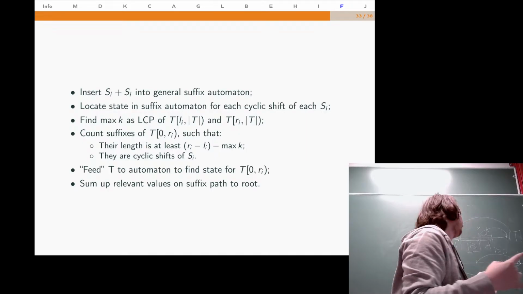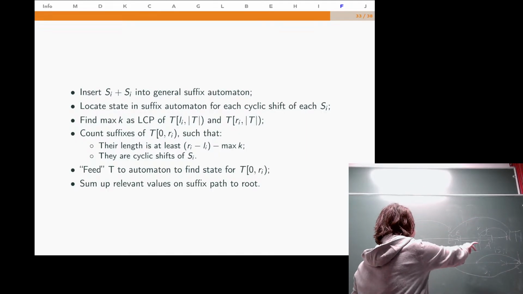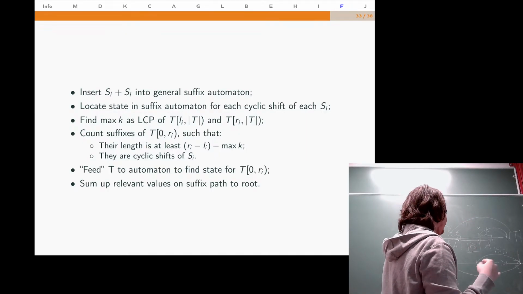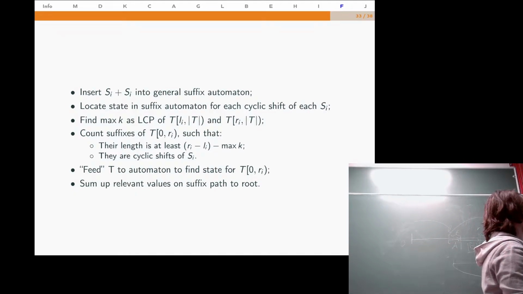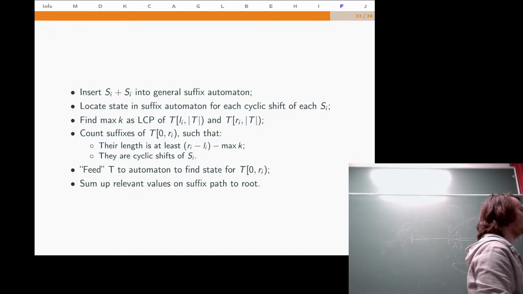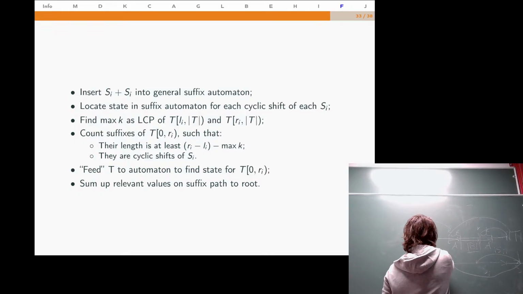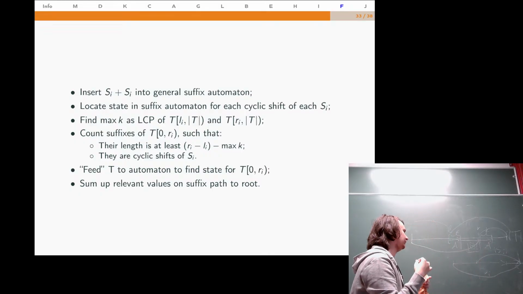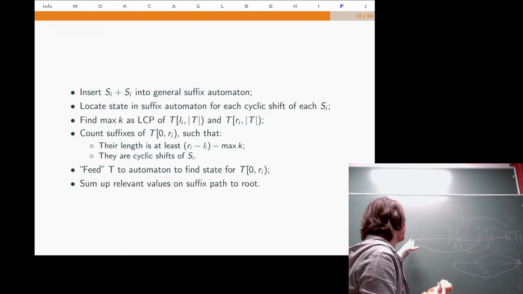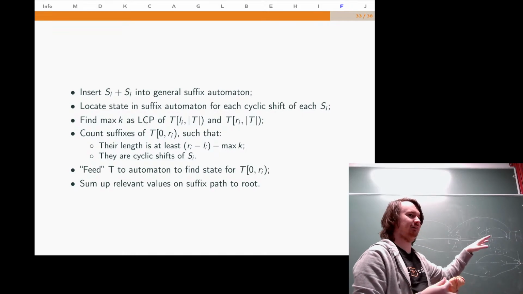After that, we feed the whole text through the suffix automaton of all the doubled strings, and then we get a state in the suffix automaton that corresponds to the prefix from 0 to R of the text.